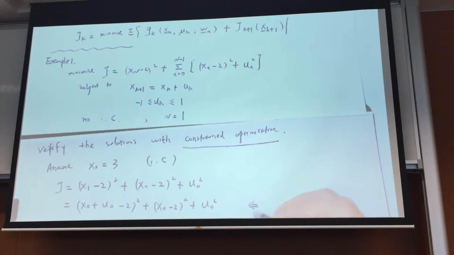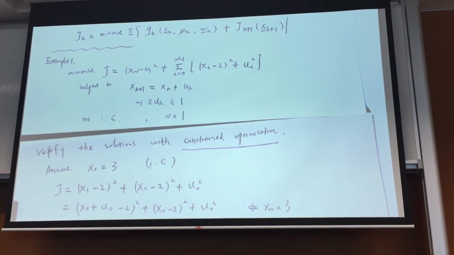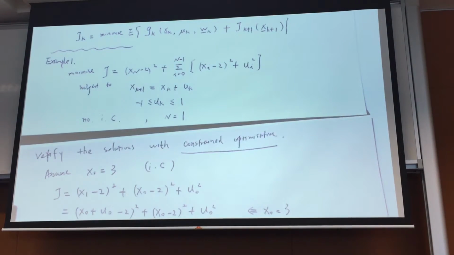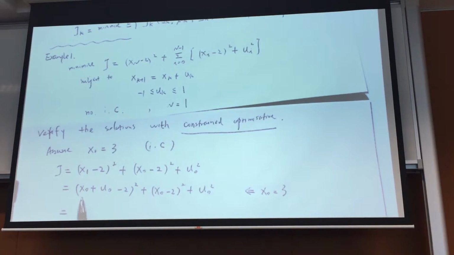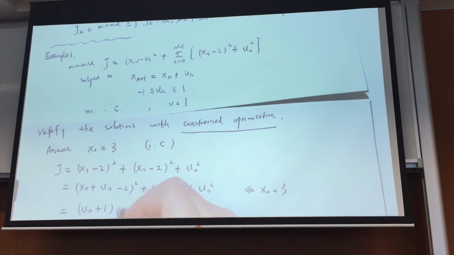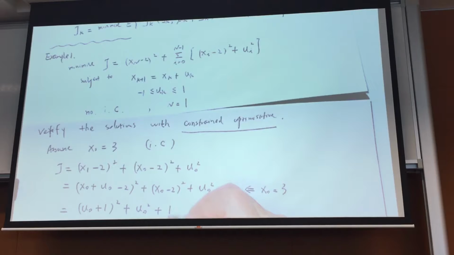In this case, we have x0 equal to 3. So 3 minus 2 just gives you 1. So this is u0 plus 1 squared plus u0 squared plus, with x0 equal to 3, 3 minus 2 gives you 1.